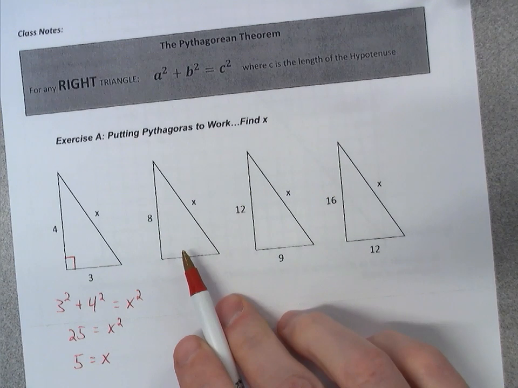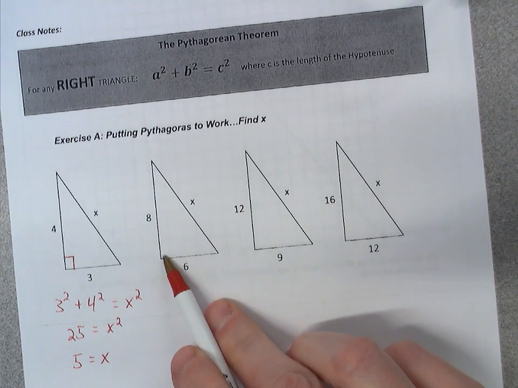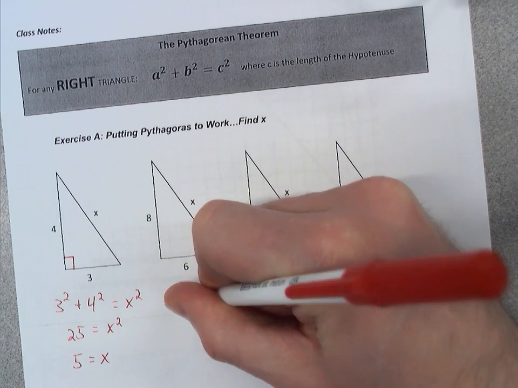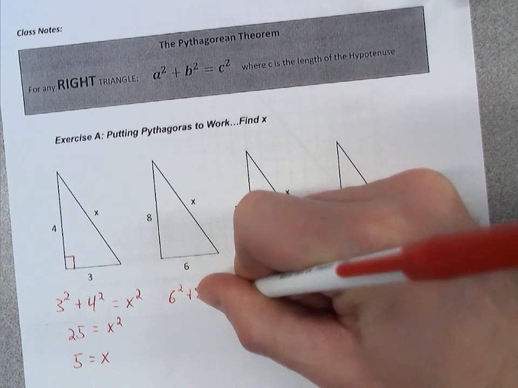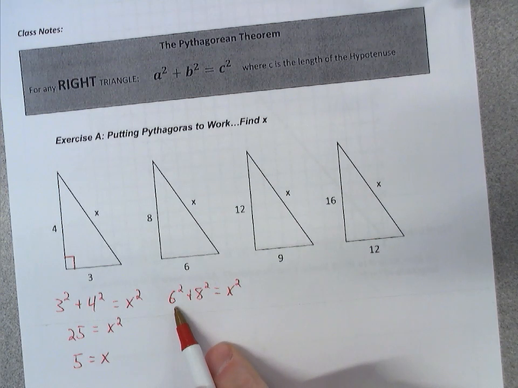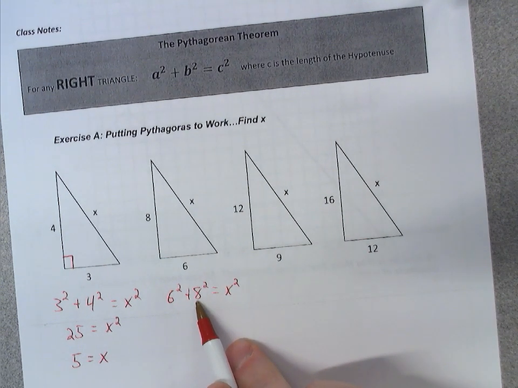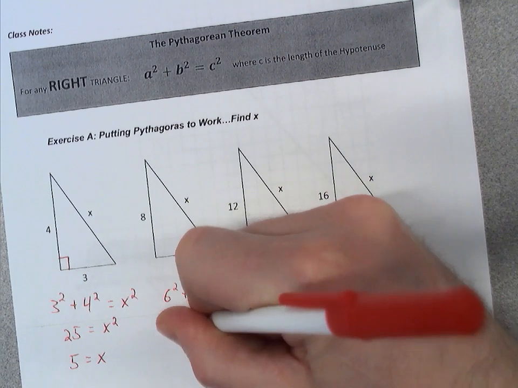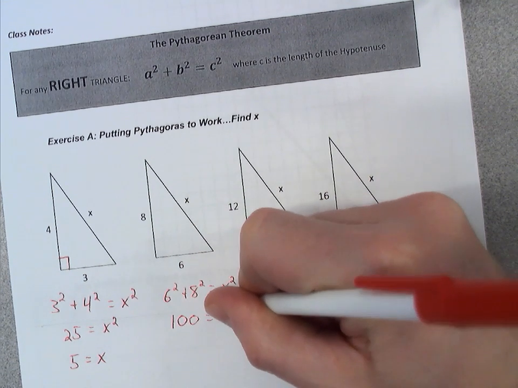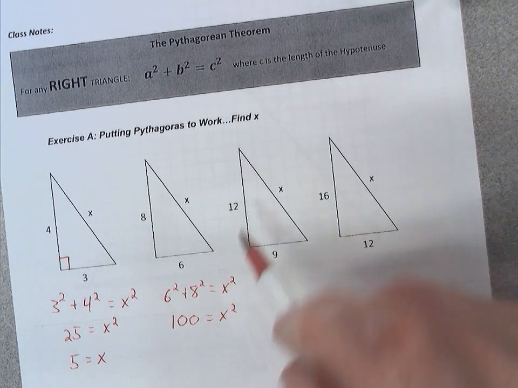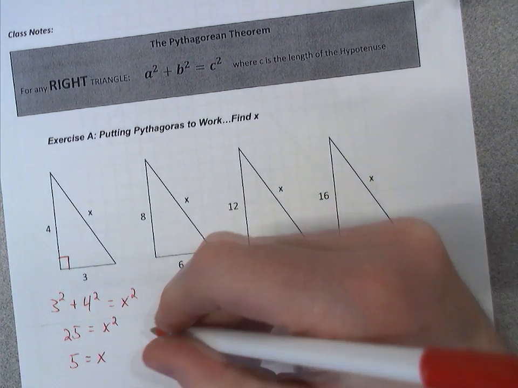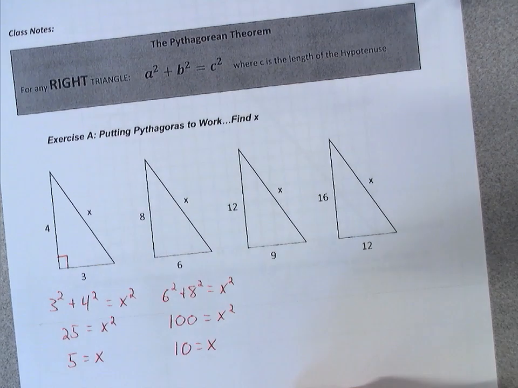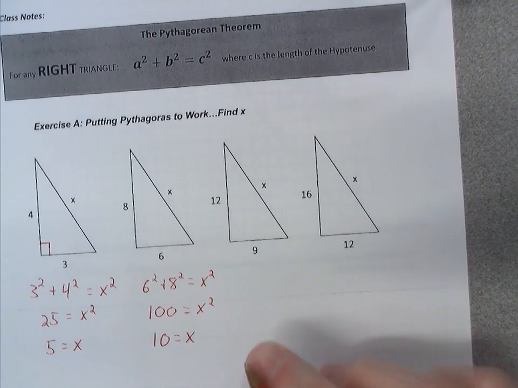Do the same thing for the next example. We've got sides 8 and 6, so we're going to do 6 squared plus 8 squared equals x squared. 6 squared is 36, 8 squared is 64, so we get a total of 100, and that's equal to x squared. Then we take the square root of 100 and x squared, and we get 10 is equal to x. Then we can do this one here.